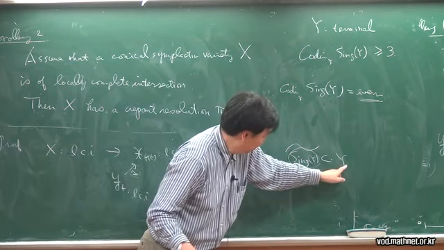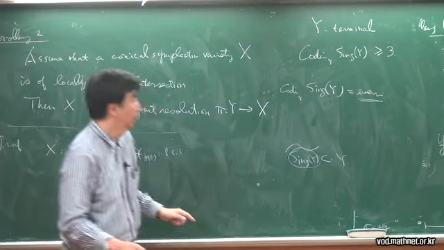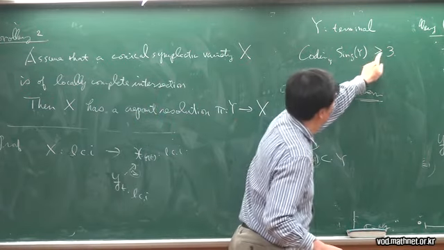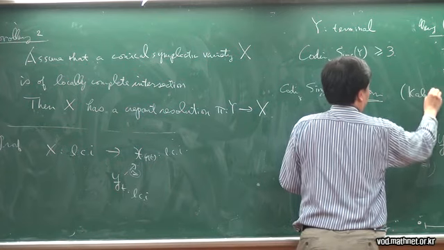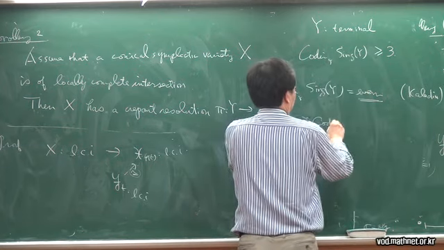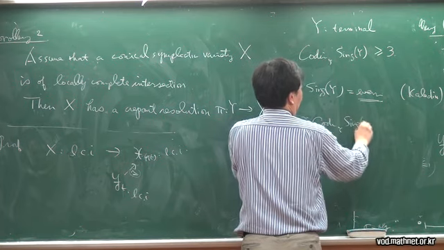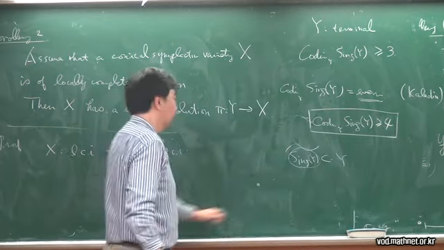And Y is symplectic, so it has even dimension. So the codimension is also even. So the codimension is not less than 3, and this is even by Kaledin's result. So this means that the codimension is actually larger than 4.